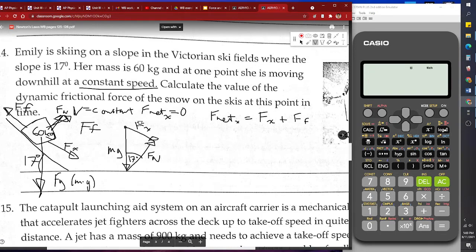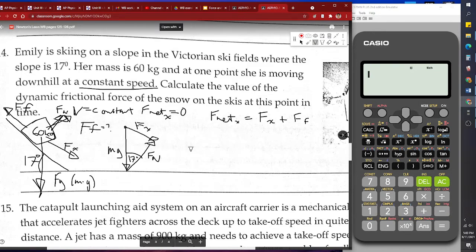And that's the net force of these two forces. Don't confuse it with the net force of this x force and the frictional force. We just want to find Fx first so we can solve for this.